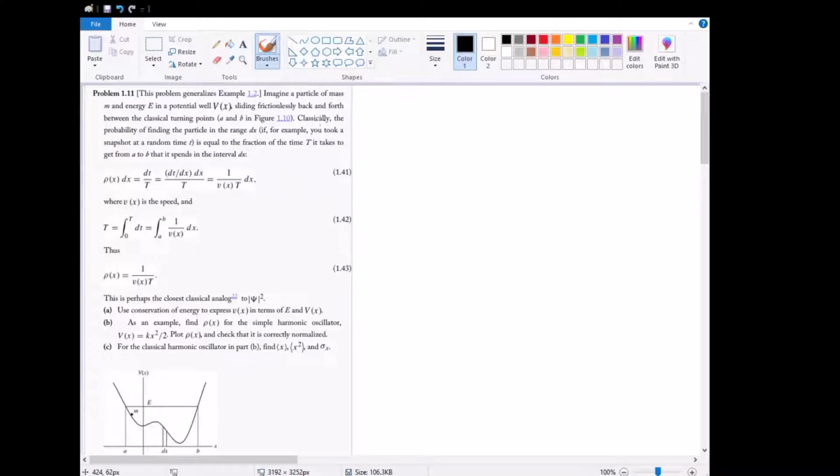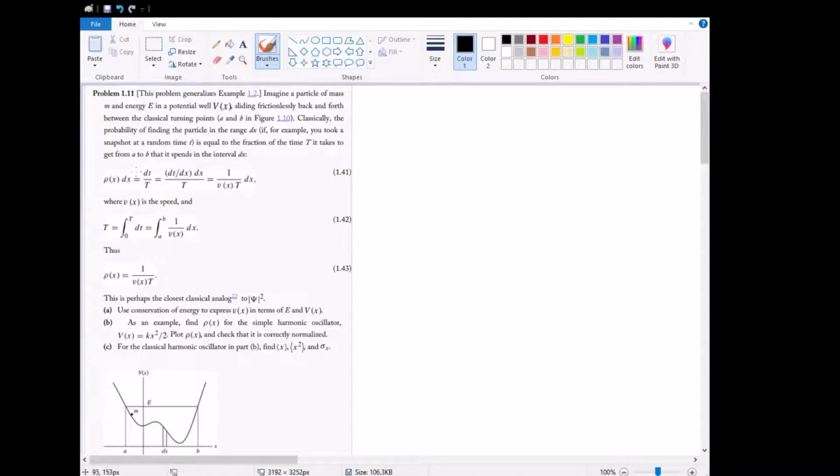So classically, the probability of finding a particle in the range dx, if we use the conclusion from example 1.2, is the ratio of the time it spends in this interval dx, which they call dt, divided by the total amount of time it takes for the particle to travel from A to B, which is big T. So we see here the probability of finding the particle in a range dx, if, for example, we took snapshots at random times t, is equal to the fraction of the time T it takes to get from A to B that it spends in the interval dx.